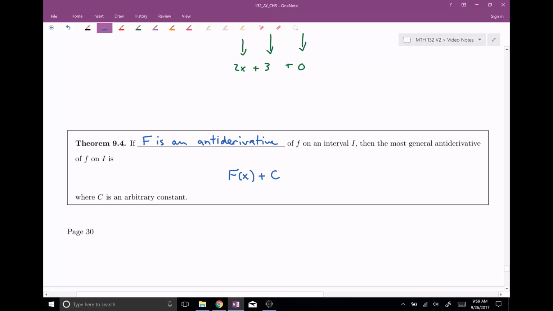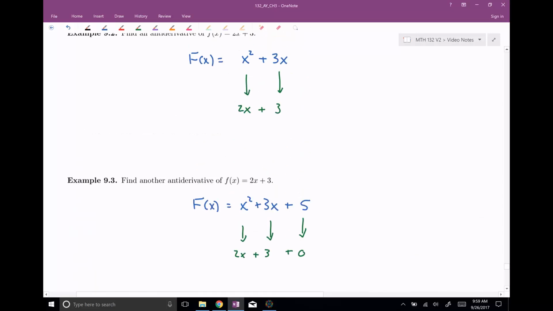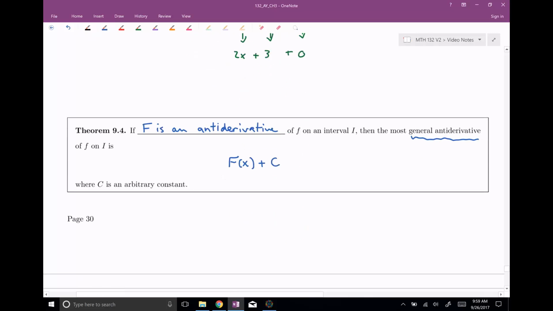So this is going to be called the general antiderivative here. So plus any constant. Any constant will do, whether it's plus 0 like we had originally, technically there's a plus 0 up here, or plus 5, or plus 100, plus pi, whatever you want, plus any constant. This is going to be the general antiderivative.